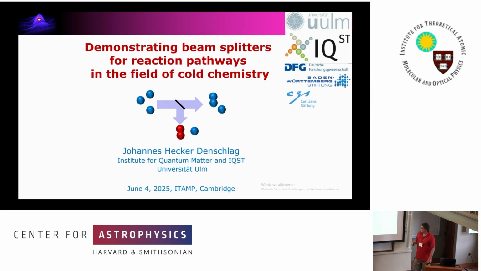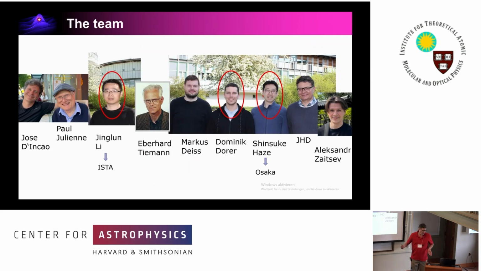The work has been done in a fruitful collaboration for years. On the left-hand side, we have our theory colleagues. Paul is here, and Jose is here. Jose has been taking care of a postdoc in my group, Jinglun Li, who is a theorist.